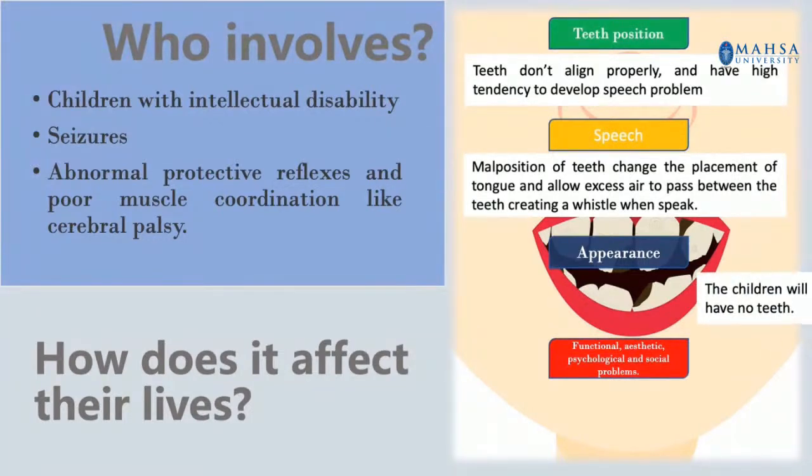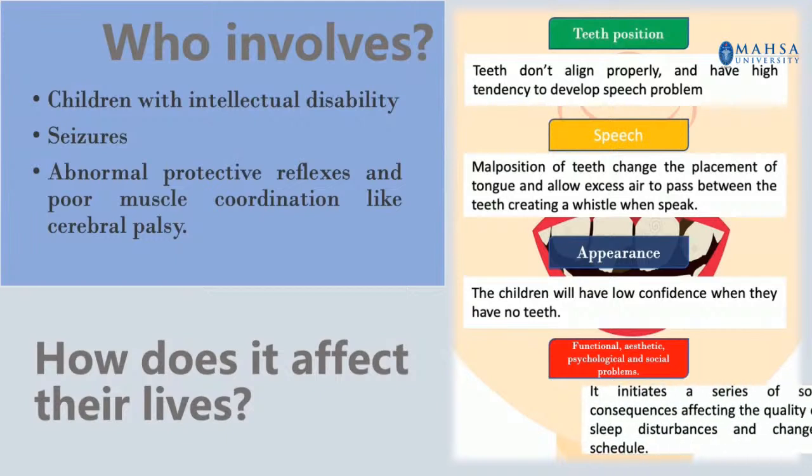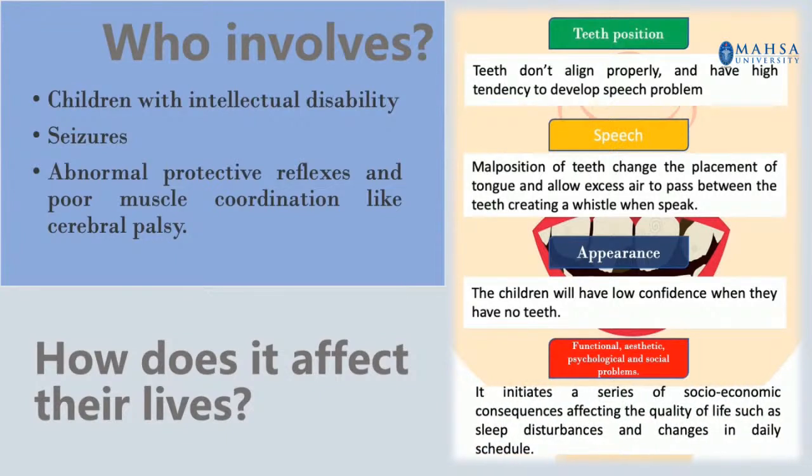The children will have low confidence when they have no teeth. And lastly, traumatic dental injuries affect their functional, aesthetic, psychological, and social well-being. It initiates a series of socio-economic consequences affecting the quality of life, such as sleep disturbances and changes in daily schedule.